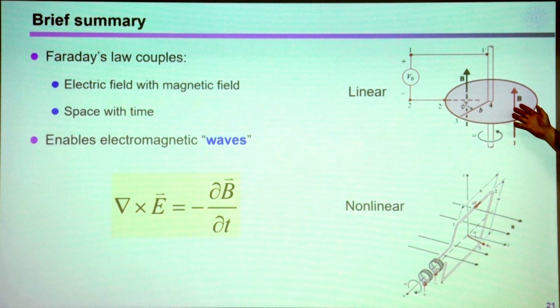Because this term is 0. So under the statics consideration, this is not violated. But now that we're saying rho of t is permitted, then this vector identity is violated.